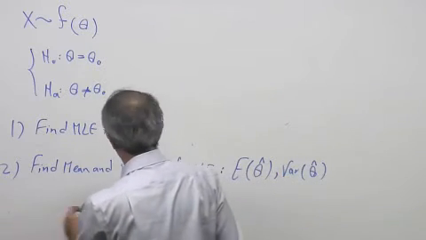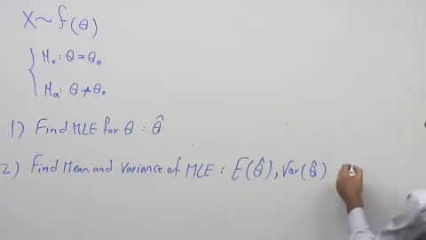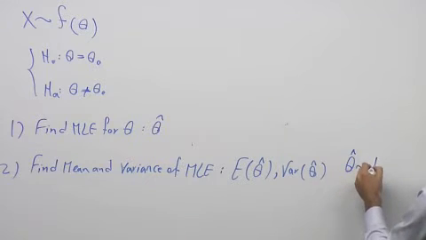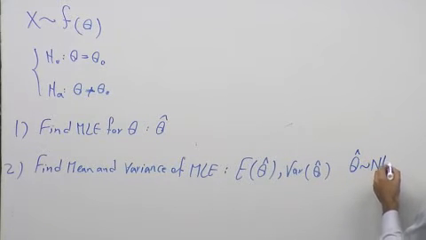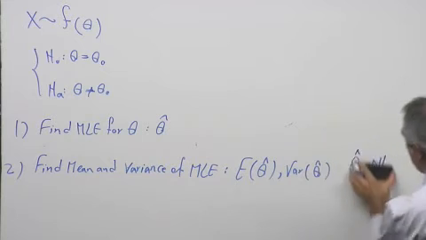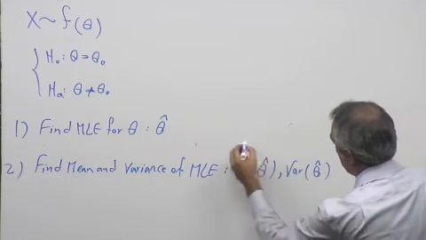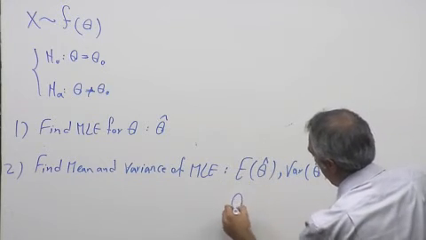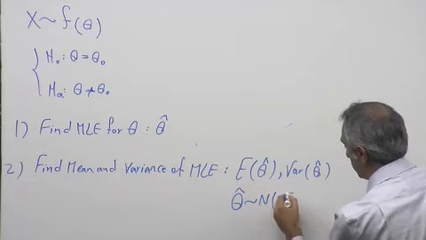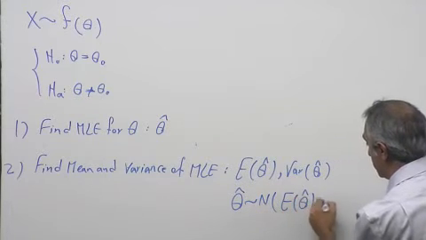So we know that theta hat follows a normal distribution. Theta hat follows a normal distribution with this expected value and this variance.